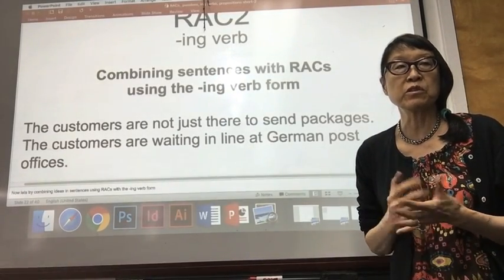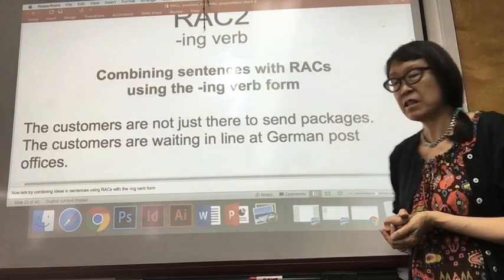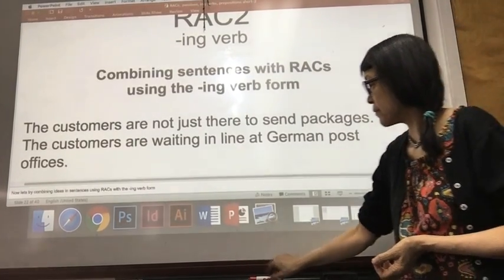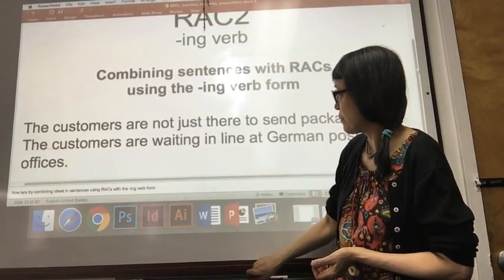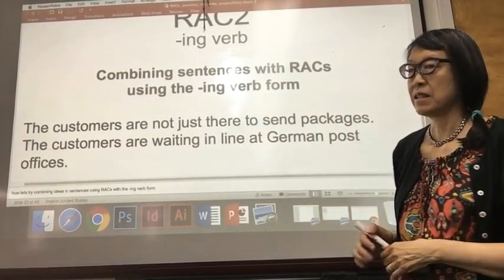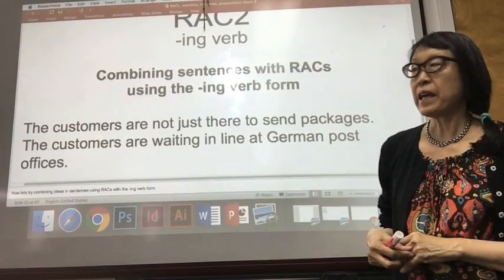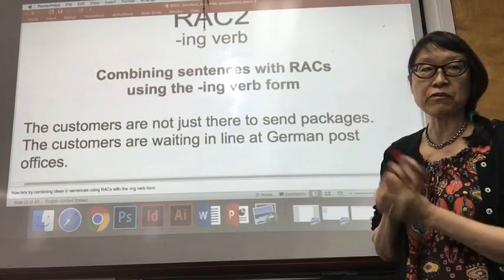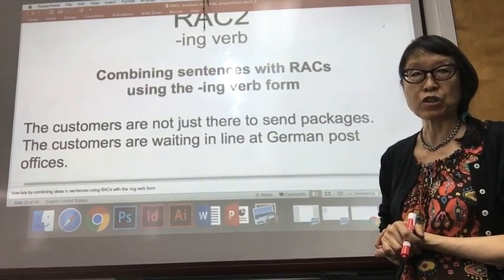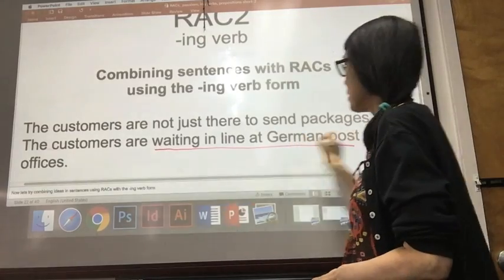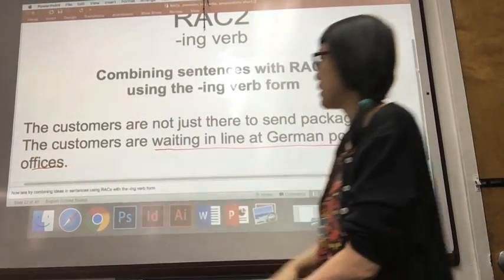Where do you see the adjective clause? The adjective clause is in that second sentence. Which part is the adjective clause? Waiting in line at German post office. Good. Okay, where should I put that?